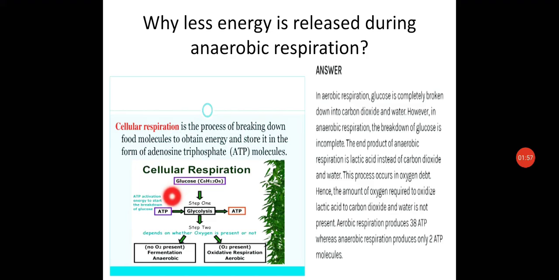The end product of anaerobic respiration is lactic acid instead of carbon dioxide and water. This process occurs in oxygen debt. Hence, the amount of oxygen required to oxidize lactic acid to carbon dioxide and water is not present. Aerobic respiration produces 38 ATP, whereas anaerobic respiration produces only 2 ATP molecules.